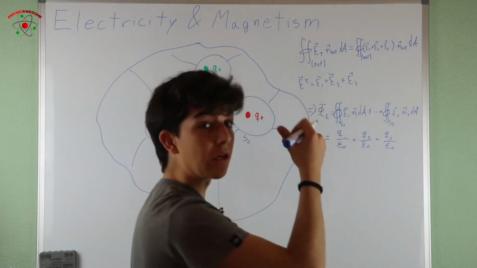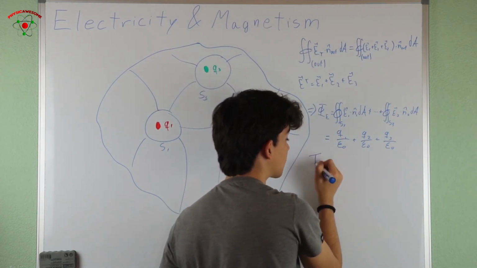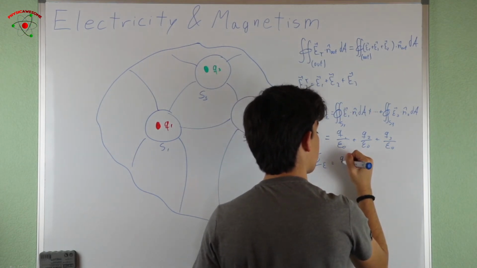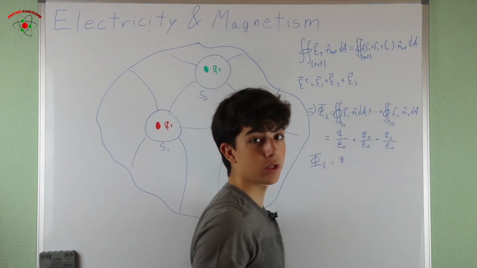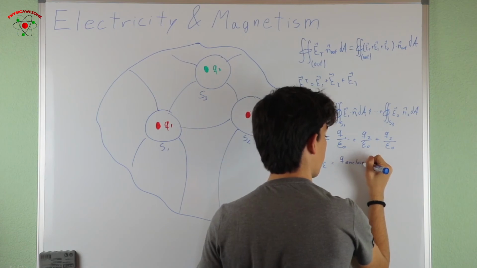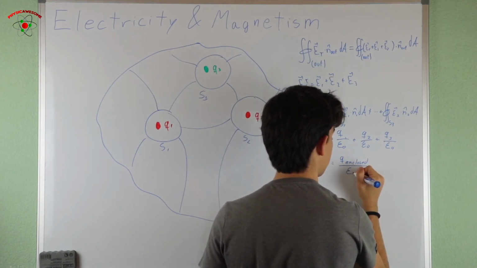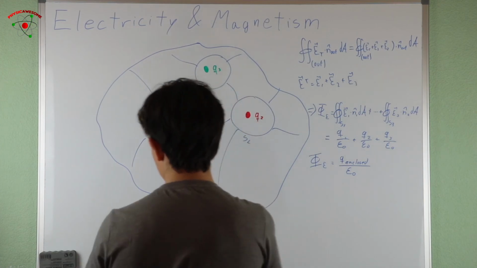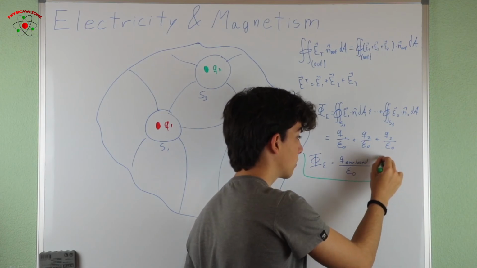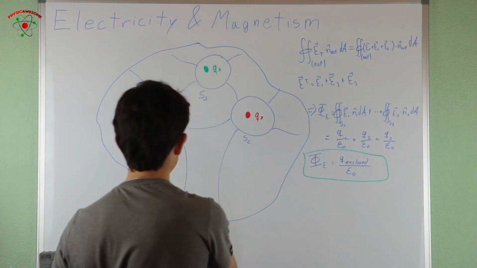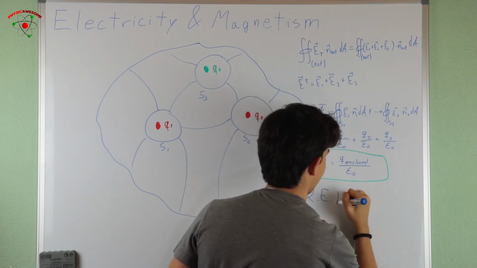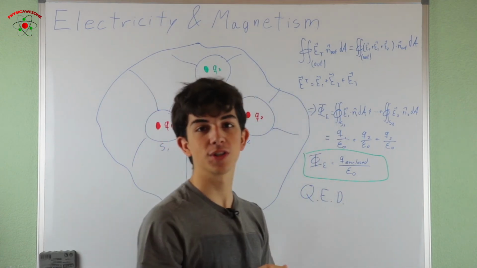And we find that the electric flux equals the sum of all of these, which is really the charge enclosed, Q enclosed, over epsilon naught. And this is the statement of Gauss' law, which means we have proven it. Quod erat demonstrandum: what was intended to prove.